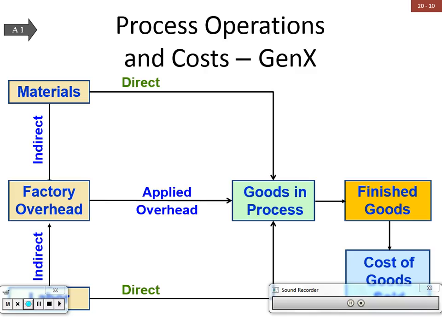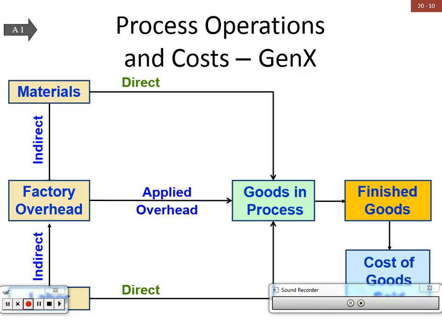So you remember we had the same similar grid for job order for the last chapter. But starting off with materials, you're going to still have direct material costs, indirect material costs, and they're going to all go down to goods in process. You're still going to have factory overhead. We need to find the applied and the overhead to see what's the difference.